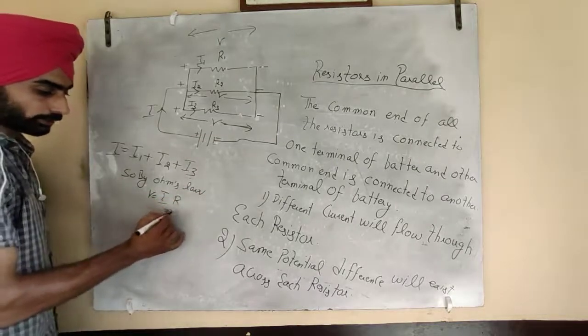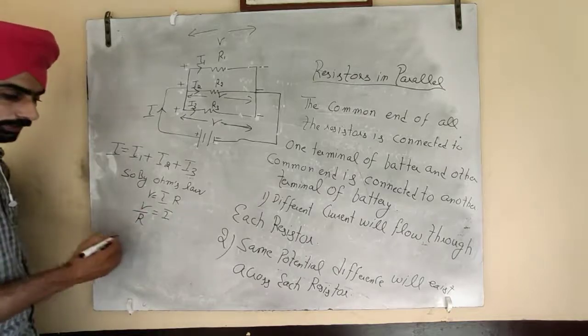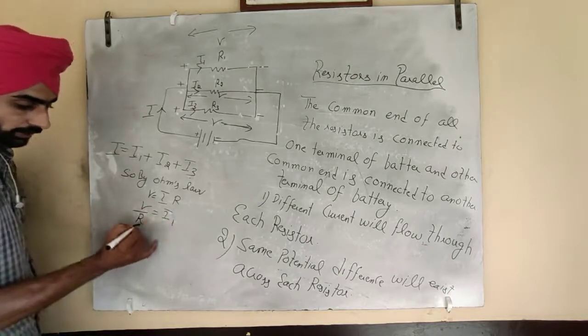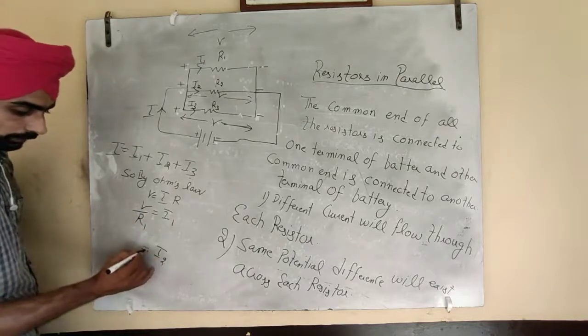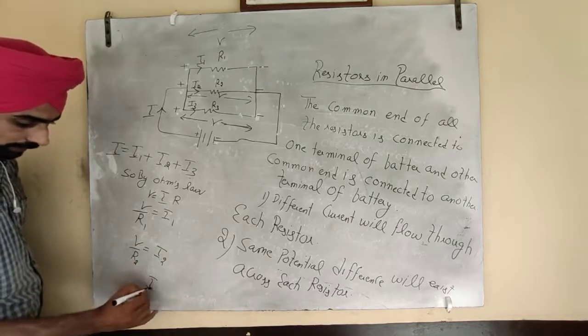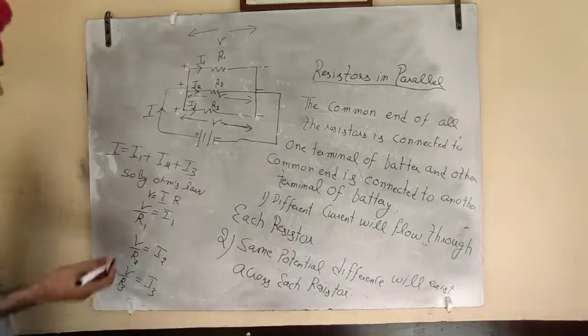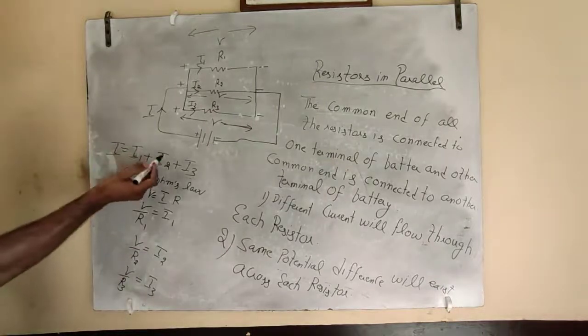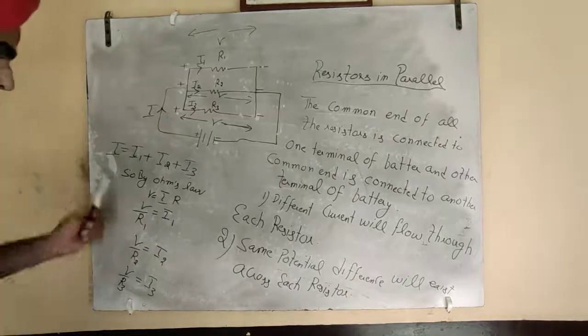So I is equal to V upon R. So what is the value of I1? V is the same, R1. So what is the value of I2? V upon R2. So what is the value of I3? V upon R3. So put this value I1 here, I2 here, I3 here.